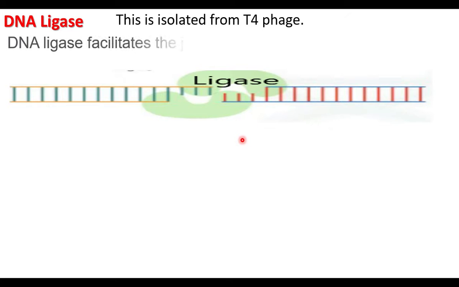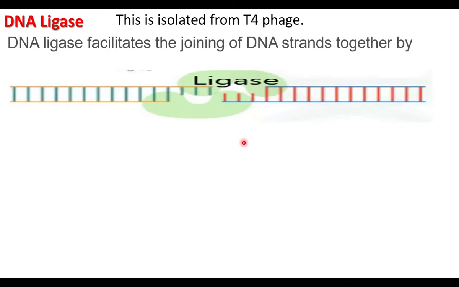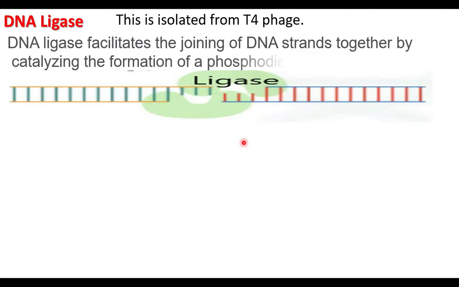DNA ligase facilitates the joining of DNA strands by catalyzing the formation of a phosphodiester bond. In DNA, the nucleotides are connected by phosphodiester bonds. Such a bond is produced by DNA ligase between two DNA fragments.